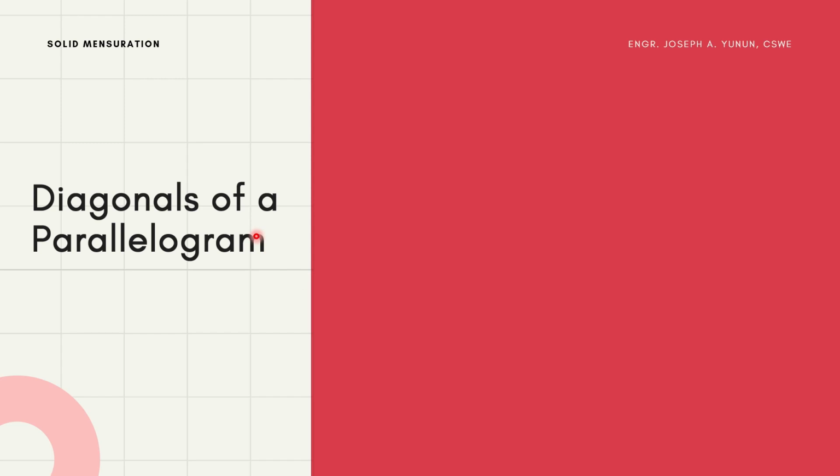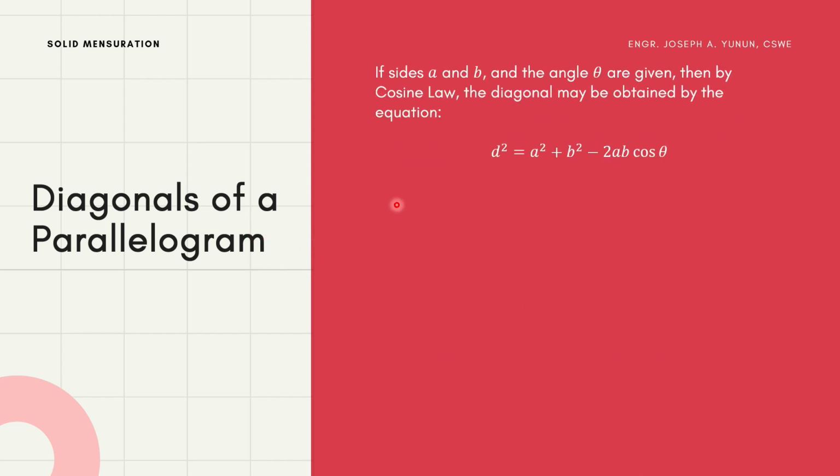Diagonals of a parallelogram: if sides AB and AD and theta are given, then by cosine law, you'll arrive at this formula. Theta is the angle that is opposite to the diagonal.